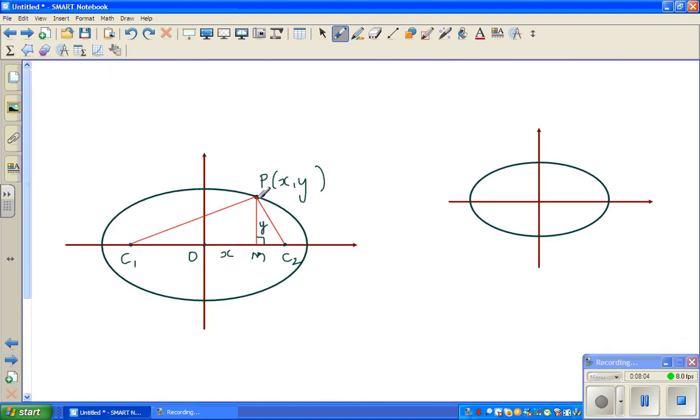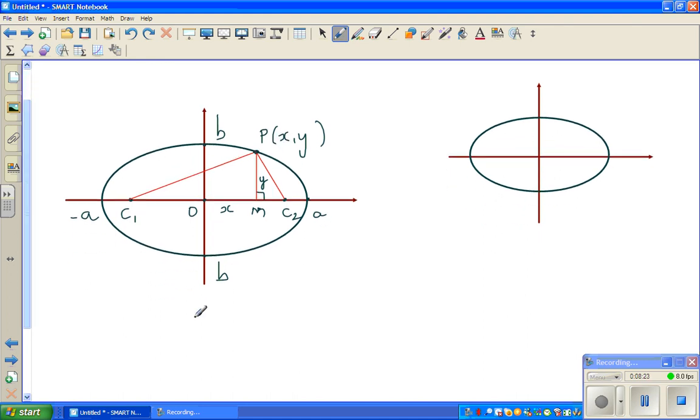Now this is an ellipse. This is, say, your two foci. This is your A, this is your negative A, this is your B, and this is your negative B. P is an arbitrary point. By definition, PC1 plus PC2 is equal to 2A.